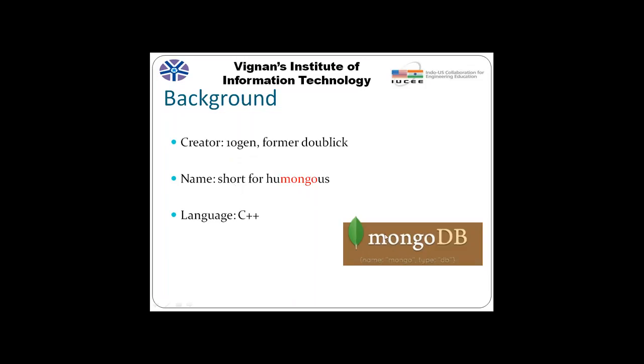The name MongoDB has been derived from the word humongous; the letters M-O-N-G-O have been taken from it. The word humongous denotes that a huge amount of unstructured and semi-structured data can be managed by using MongoDB. MongoDB has been developed using the language C++.